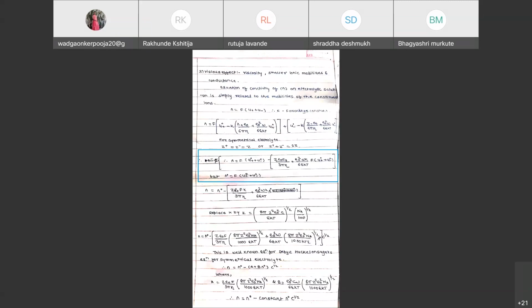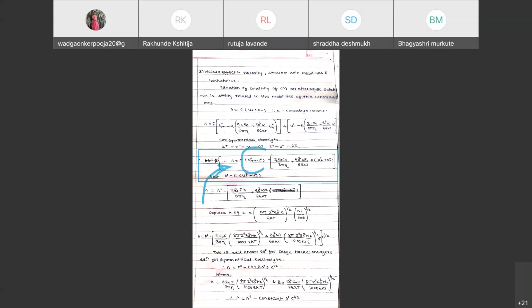Now I'm considering that you guys are pretty clear up to this. Now this lambda is equal to, again, F into U plus and U minus.